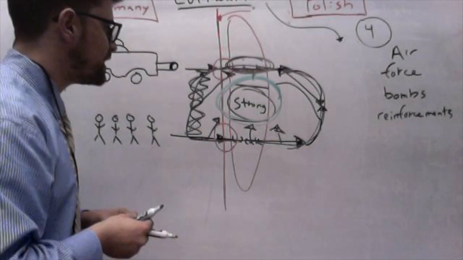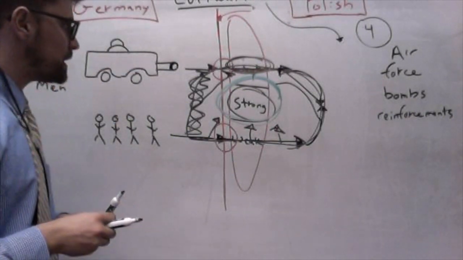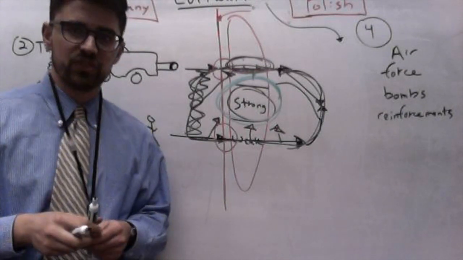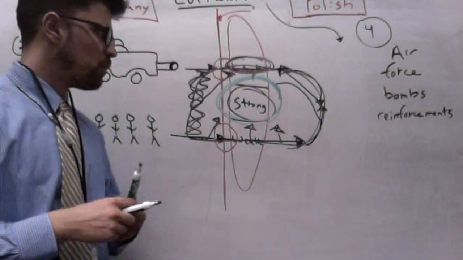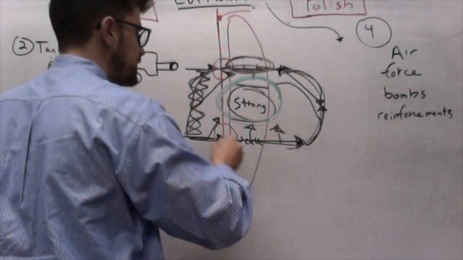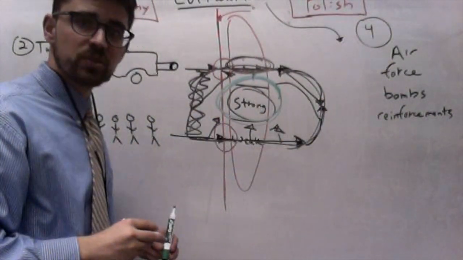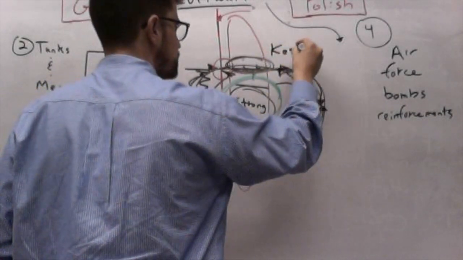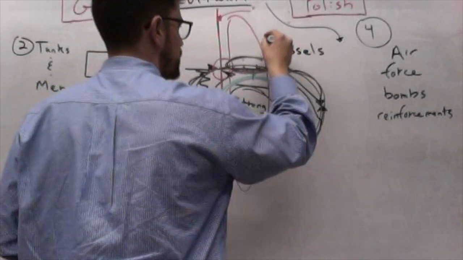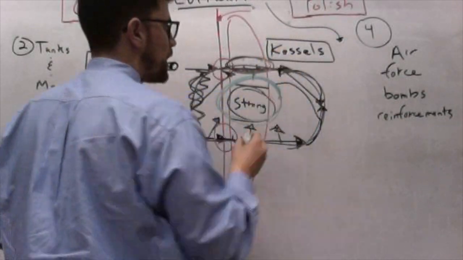They are surrounded. They are not in a good situation. They really don't have anywhere to go. We call this encircling of enemy troops Kessels. They were termed by the Germans.